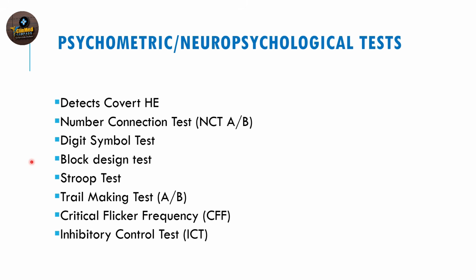Other tests include the Stroop test, the trail making test, the critical flicker frequency, and inhibitory control tests. Together, these tests form the cornerstone of early detection of hepatic encephalopathy in patients who may appear normal on clinical examination but are at risk of cognitive impairment from hepatic encephalopathy.